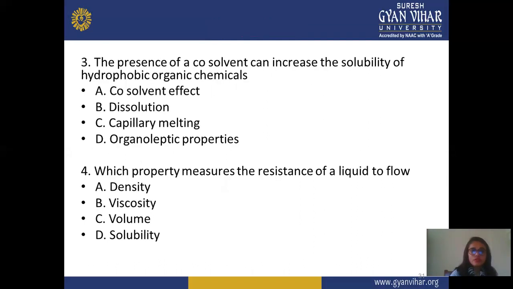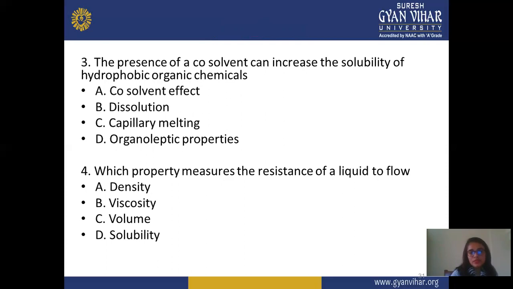Third: the presence of a co-solvent increases the solubility of hydrophobic organic chemicals. Options: A is co-solvent effect, B is dissolution, C is capillary melting method, and D is organoleptic property. Fourth: which property measures the resistance of a liquid to flow? Options: A is density, B is viscosity, C is volume, and D is solubility.